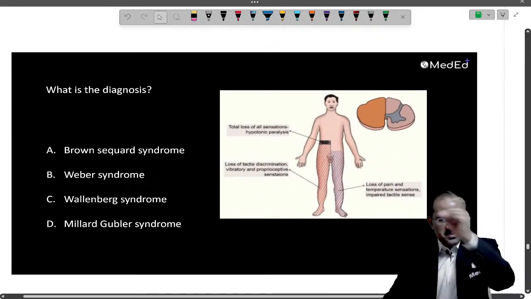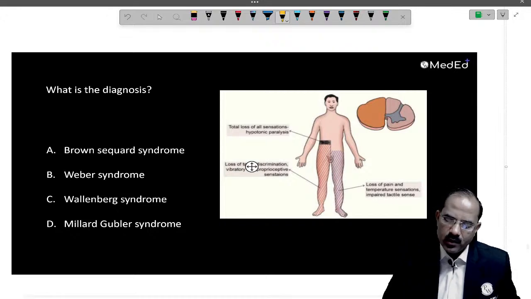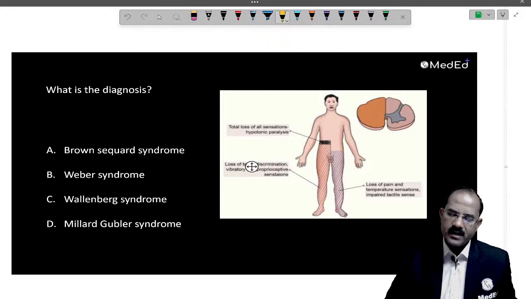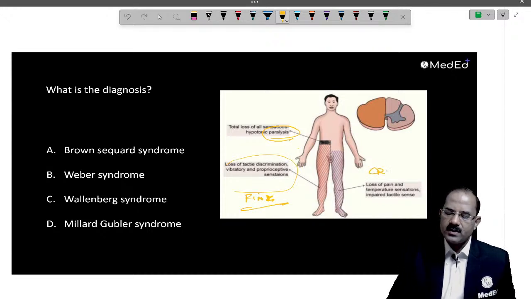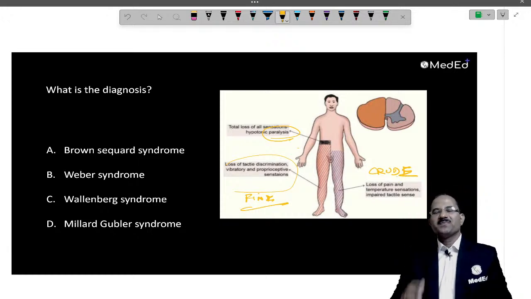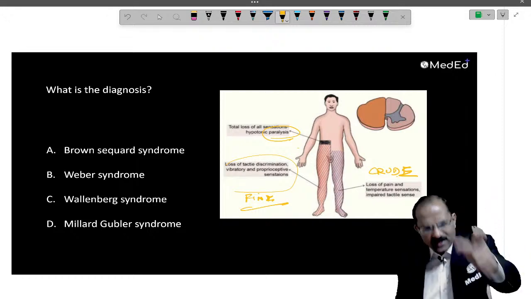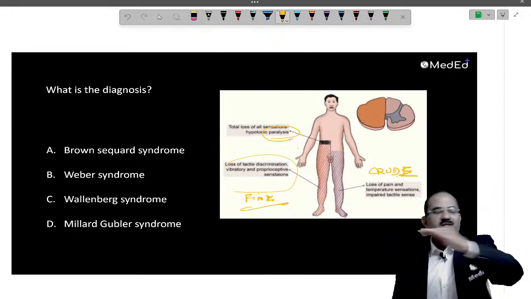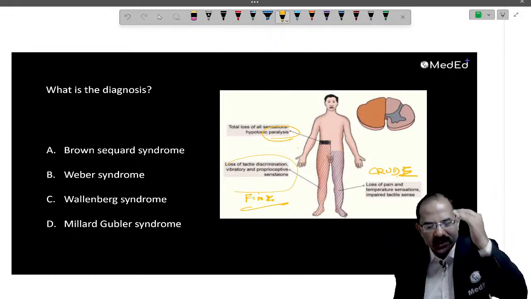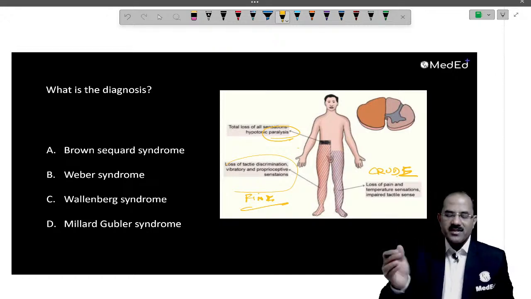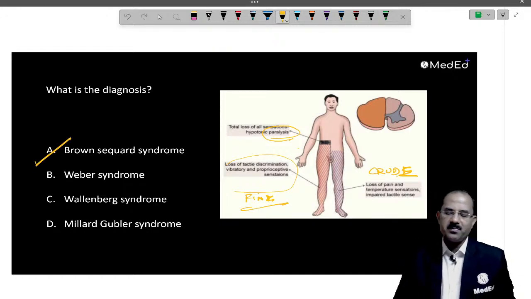But this you should be able to understand. So tell me, loss of sensations on the same side. Loss of tactile discrimination. So there's a paralysis on the right side. Fine sensations are gone on the right side, and crude sensations are gone on the left side. So crude sensations are gone on the opposite side, fine sensations are gone on the same side, and there's paralysis of the body on the same side. So this is what we call the hemisection of the spinal cord, or the Brown-Séquard syndrome.